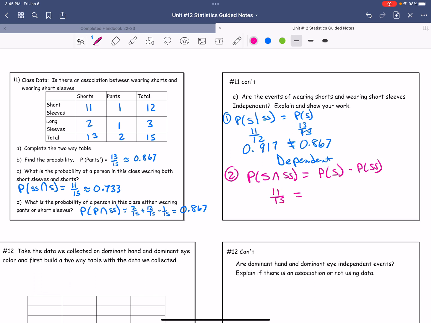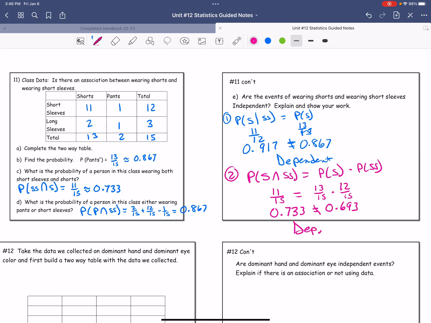Is that equal to the probability of shorts, 13 out of 15, times the probability of short sleeves, 12 out of 15? So 11 out of 15 is 0.733, equal to, this gives me about 0.693. And these are not equal. So these are dependent events.